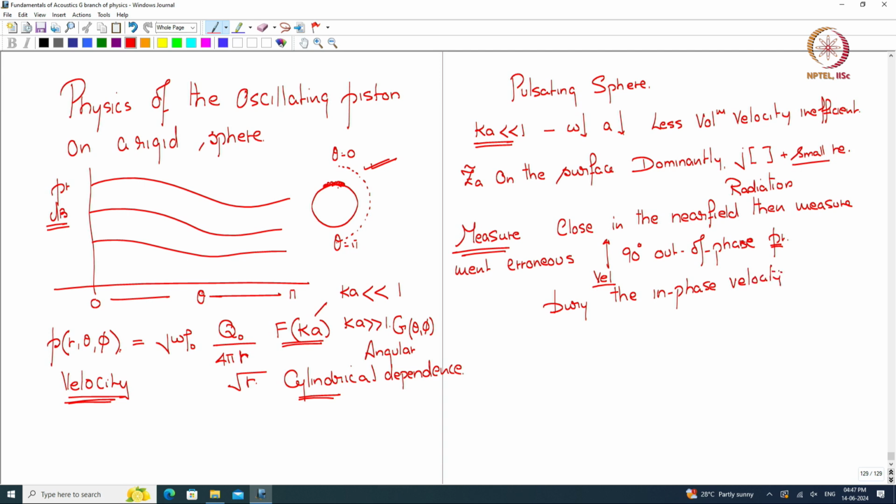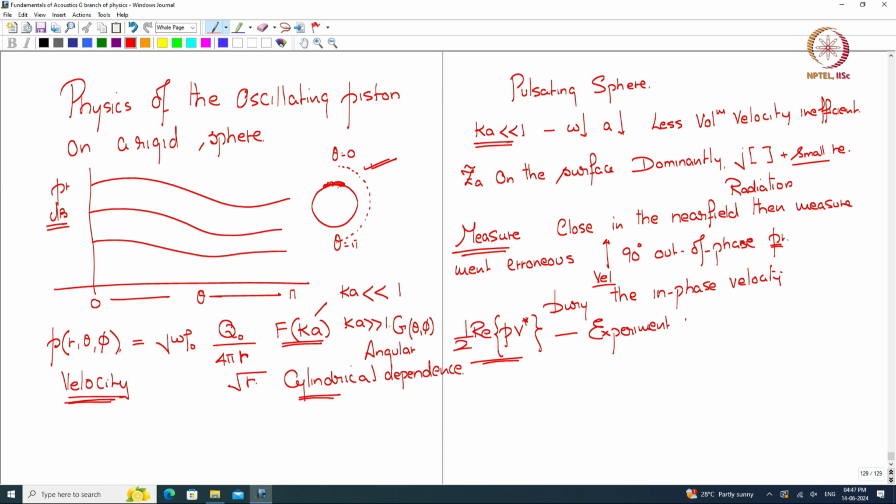Whereas we did a mathematical averaging, 1/2 real part of P V conjugate, but that is an ideal mathematical idealization where you get the answer you want by choosing the real or imaginary. In experiment you are going to measure an average.